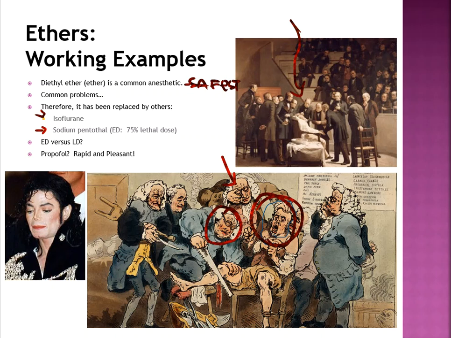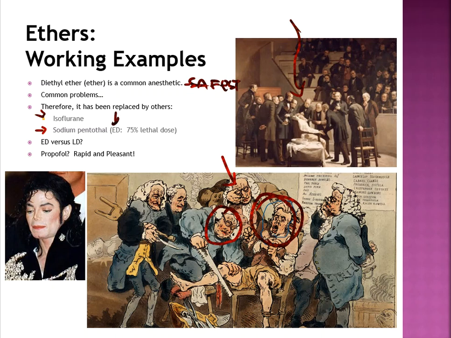The issue with something like sodium pentothal is the ED. This ED means effective dose, not erectile dysfunction. The effective dose of that compound is the concentration needed in order for it to work.